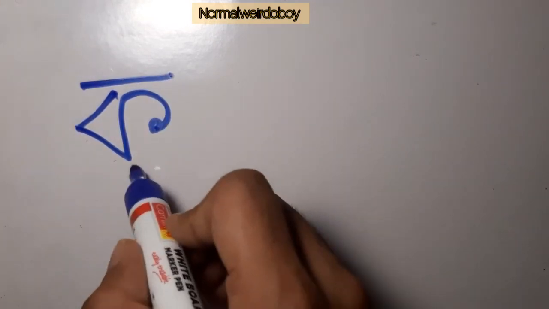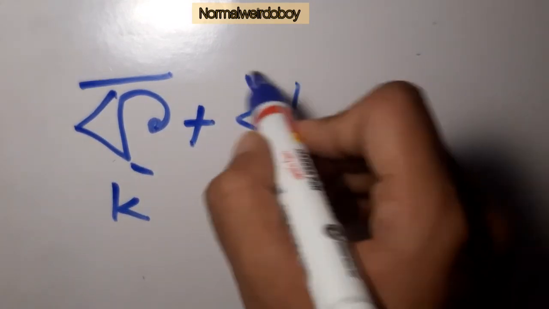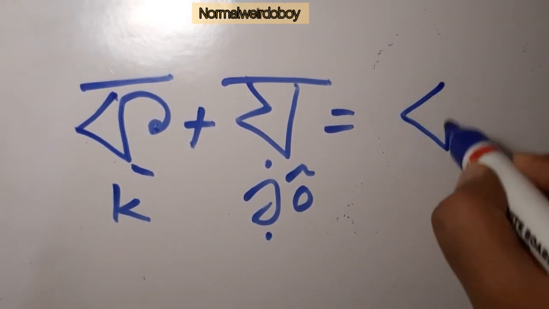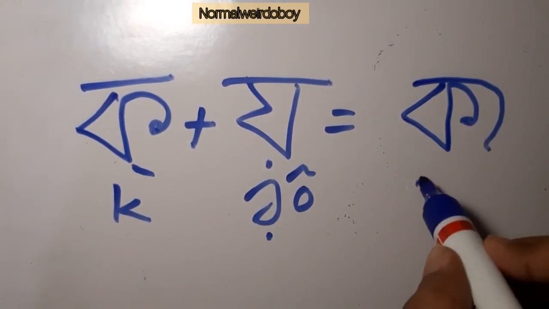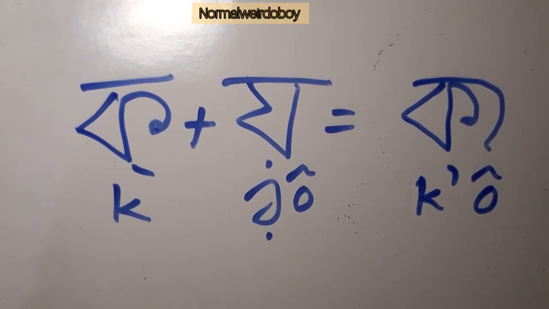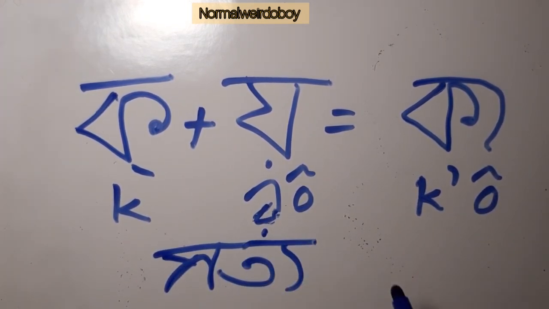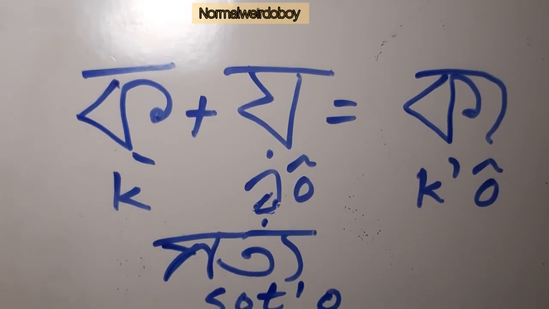And don't confuse it with O, because see there's a line over it. Ka plus ja becomes ka. For example, in the word sotto, which means truth, it's sotto.